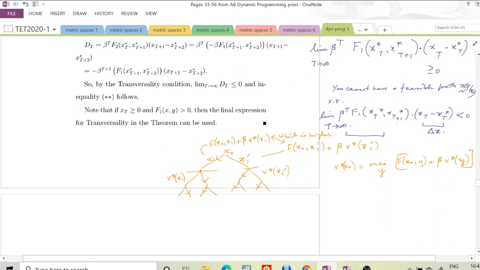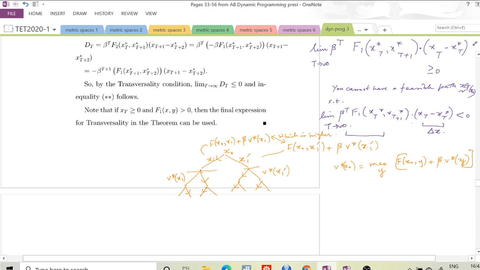I don't want to come back to transversality with the Euler equation, but if we look at these transversality kinds of conditions, they're sort of saying that in the infinite horizon, you shouldn't be getting any value, if you interpret the state as a capital stock, from whatever capital stock you have.